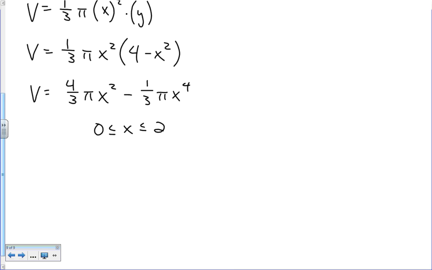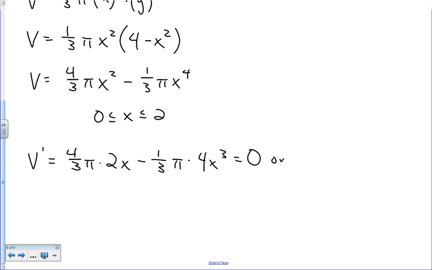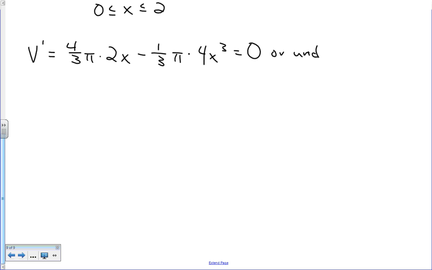All right, once we've got ourselves the domain, we can then find the derivative. So V prime is equal to 4/3 pi times 2x minus 1/3 pi times 4x cubed. And again, I want to find where that's 0 or undefined. All right, so let's do a little bit of factoring with this and see what we end up with.